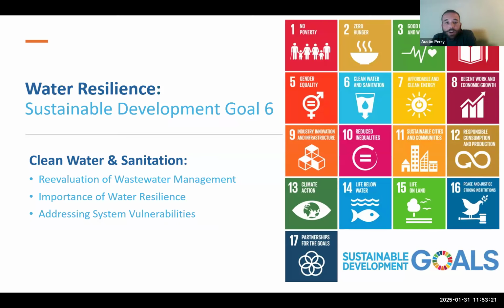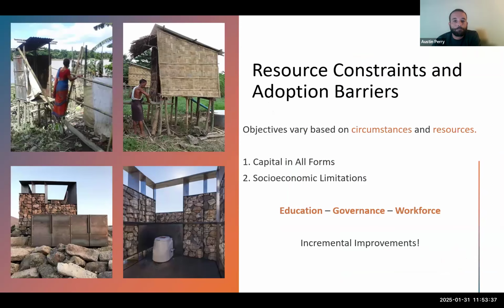The one topic is clean water and sanitation. And amongst the goals, they want to reevaluate wastewater management, highlight the importance of water resilience, and address system vulnerabilities, all things that we want to address in the ICC standards update.